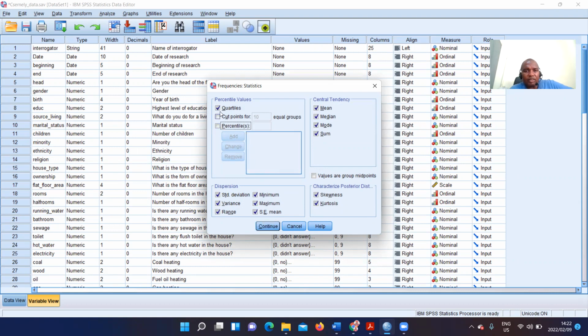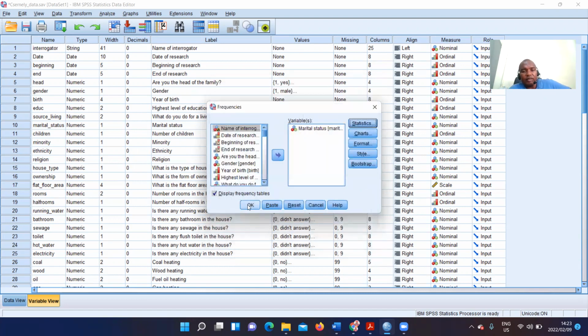You can't calculate quartiles and percentiles at the same time. If you click percentiles, you can't continue, but you can calculate quartiles. And then we click Continue, we click OK.